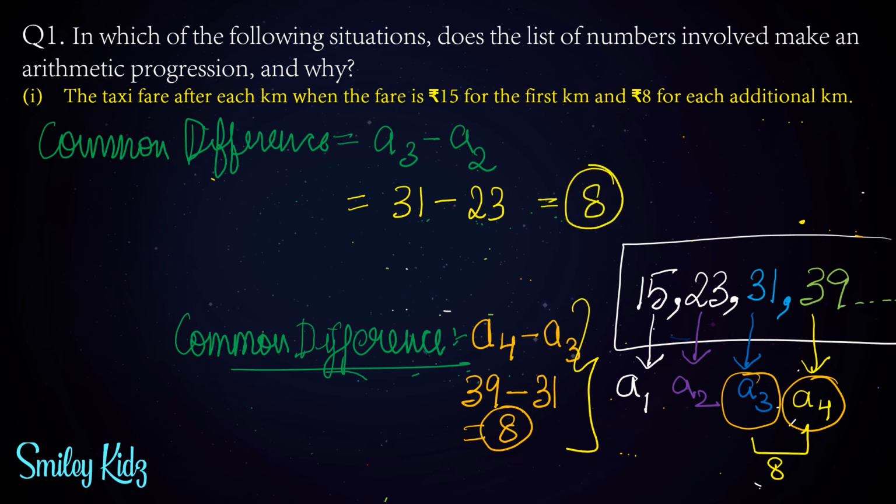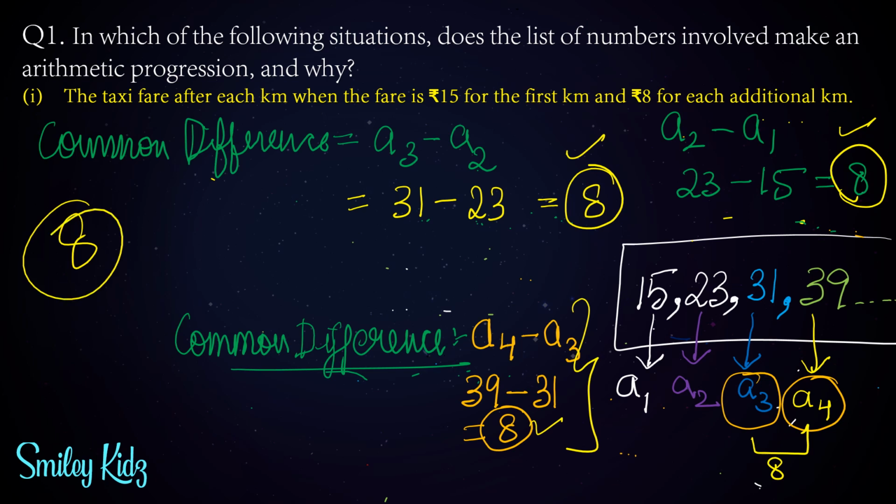And then when I try to find the common difference of A2 and A1, that means A2 minus A1 will give me 23 minus 15, which yet again turns out to be 8. Right, 8, 8 and 8. So the common difference in the sequence of numbers turns out to be 8.